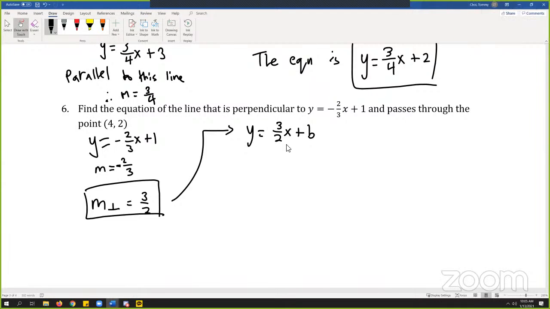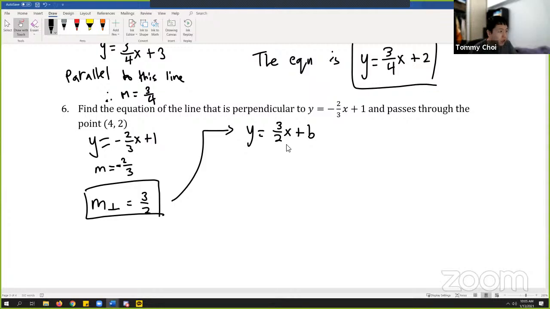I have a question. Yeah. Can you explain the number 6 again? Yeah. So it tells us that the line is perpendicular to the equation that we're given. So the main thing we want to figure out first is slope. Perpendicular slopes are negative reciprocals, which means that you flip the slope and you multiply it by -1.